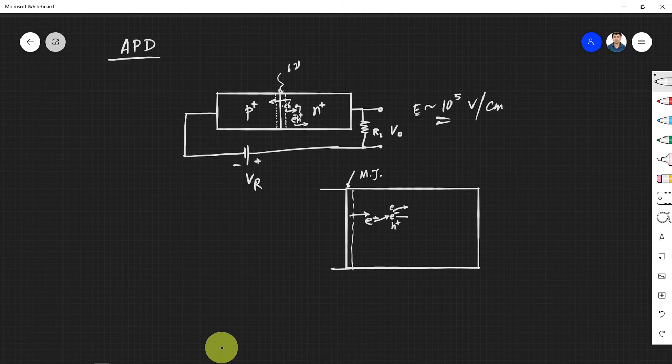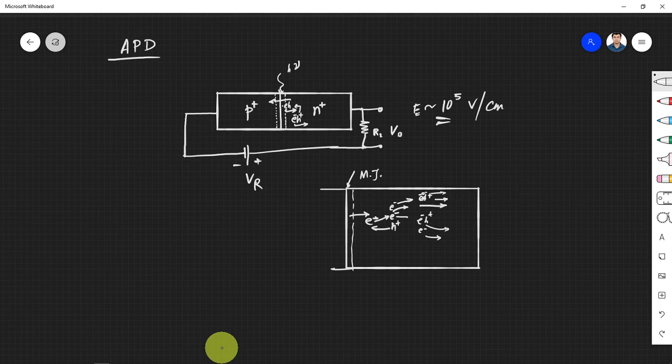So we'll have two electrons in this position, and both of the electrons will keep accelerating along this direction. The hole will start accelerating in the other direction, right? Now these two electrons can again create one more electron hole pair, right? Again it will have two electrons here, one extra created, and these two electrons will again accelerate.